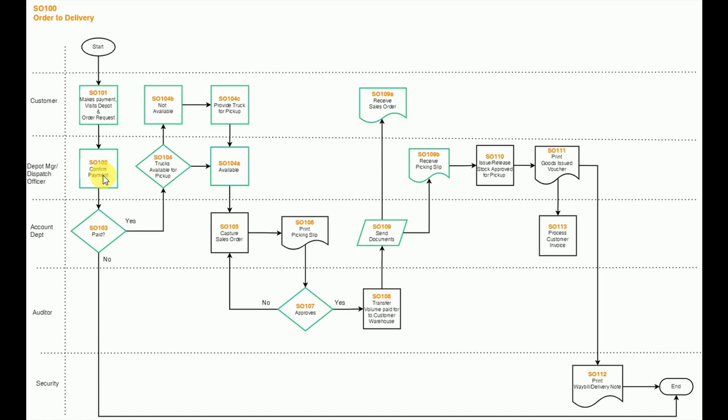If you can pick up the whole thing, fine. It goes to the next stage. Look at this now. We have available. So he picks up the whole thing. But if he did not bring enough trucks to pick it up, which means he has to provide another truck. So look at this, not available.